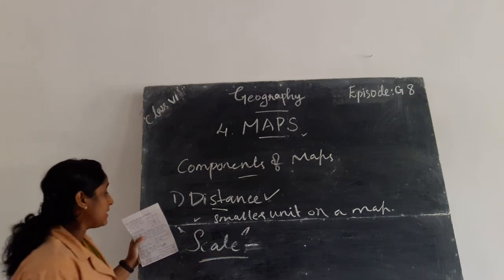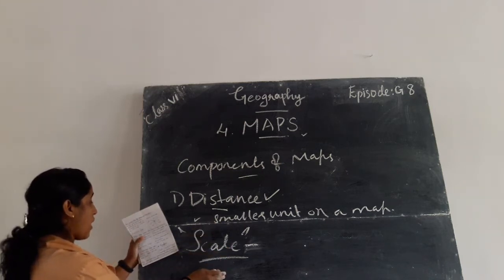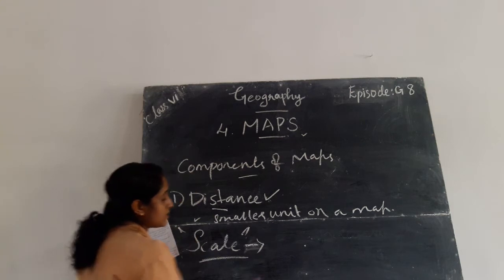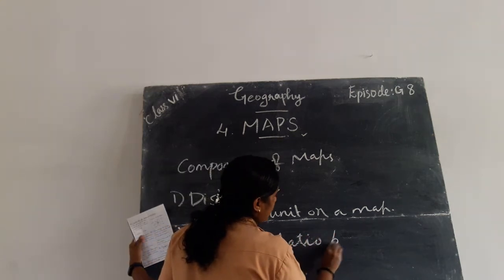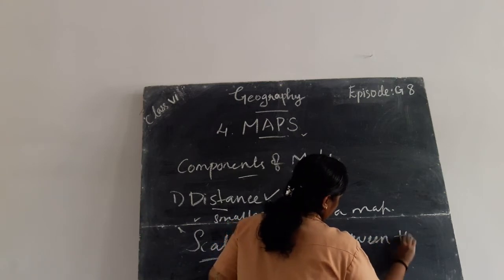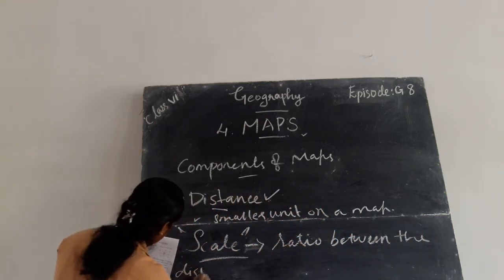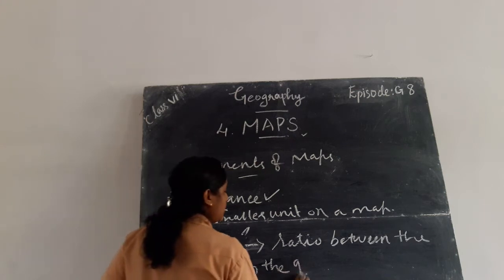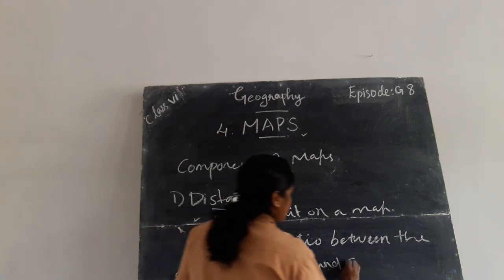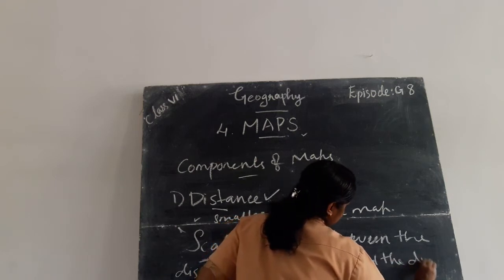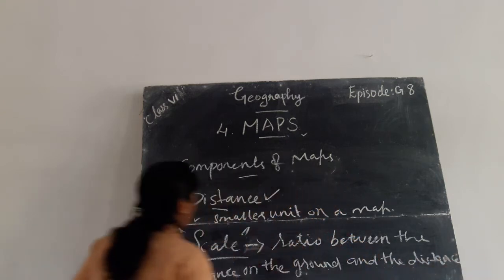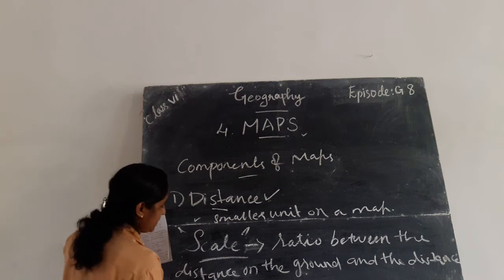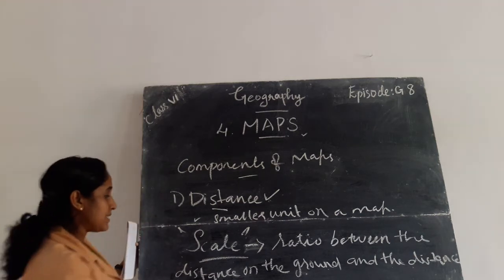So what is meant by scale? The ratio between the distance on the ground and the distance on the map is known as scale.